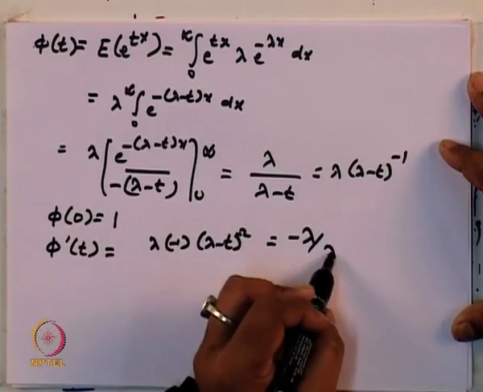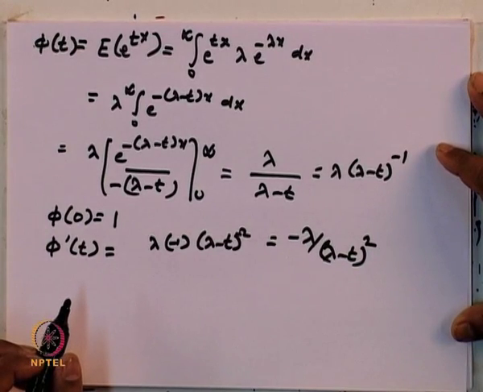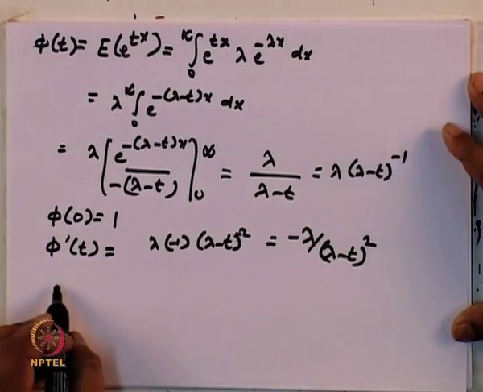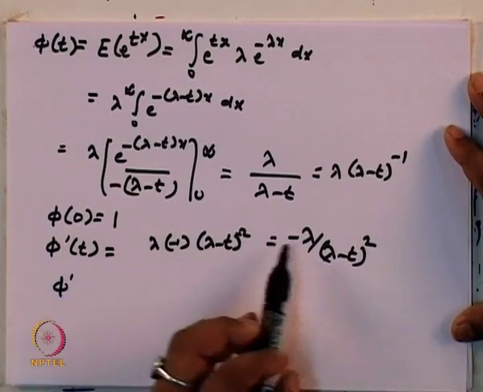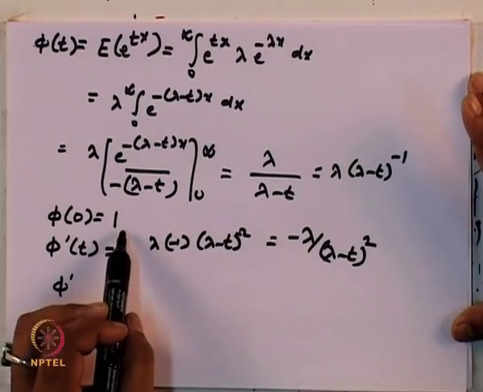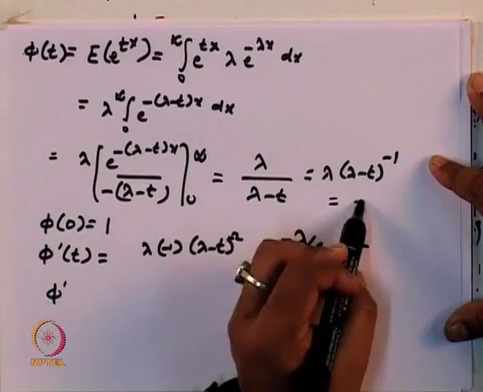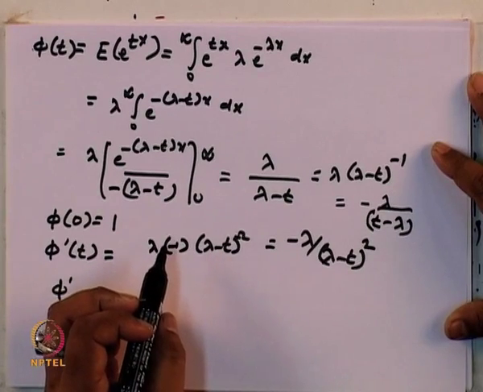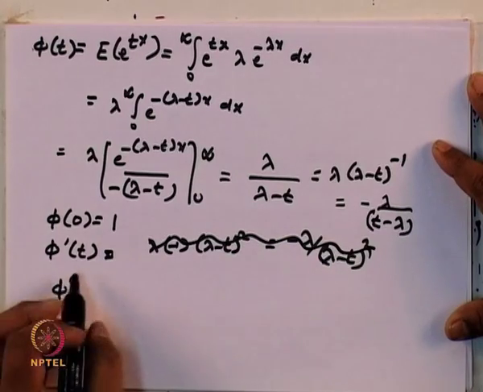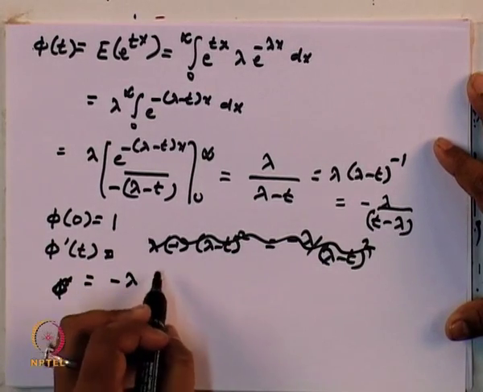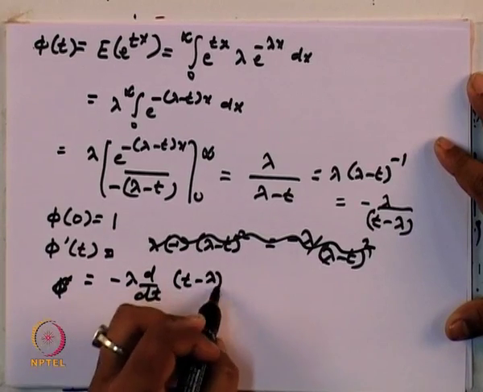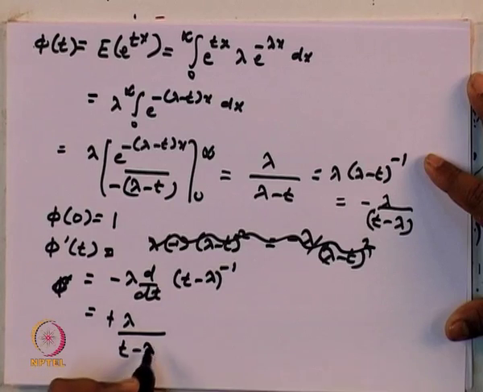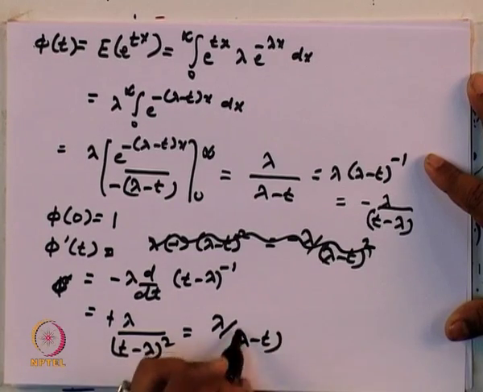Phi prime of t can be written as minus lambda into d/dt of (t minus lambda) to the power minus 1, which is equal to lambda by (t minus lambda) whole square, equal to lambda by (lambda minus t) whole square.